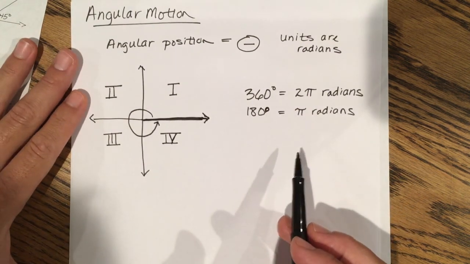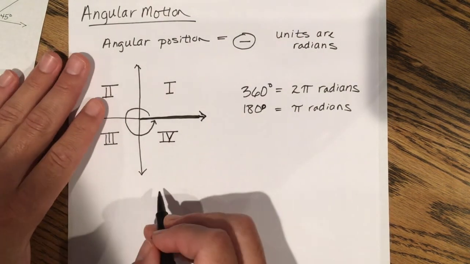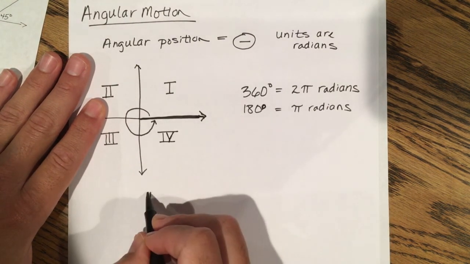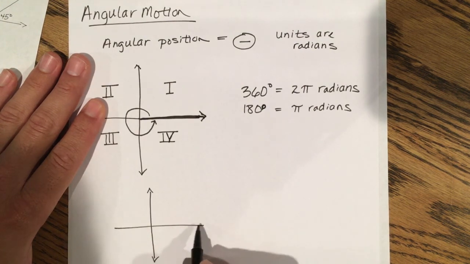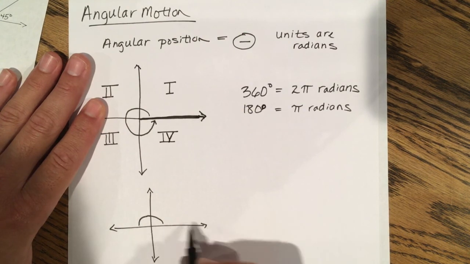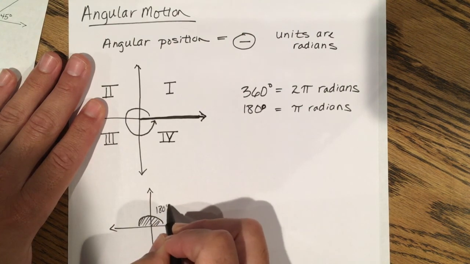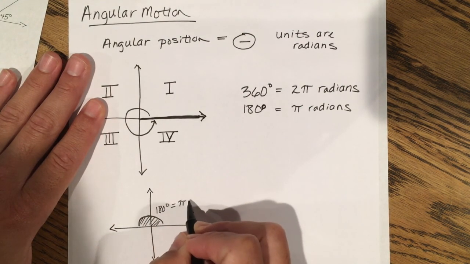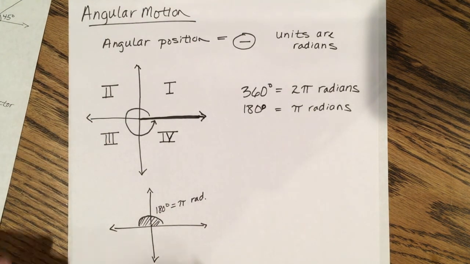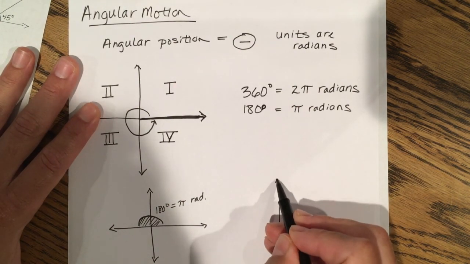So anyways, if I come down to draw what pi radians looks like, or an angle of 180 degrees, we sweep out from 3 o'clock, or from the positive x-axis. This is 180 degrees, and this is equal to pi radians. If our angle was instead half that, we know it would be 90 degrees.